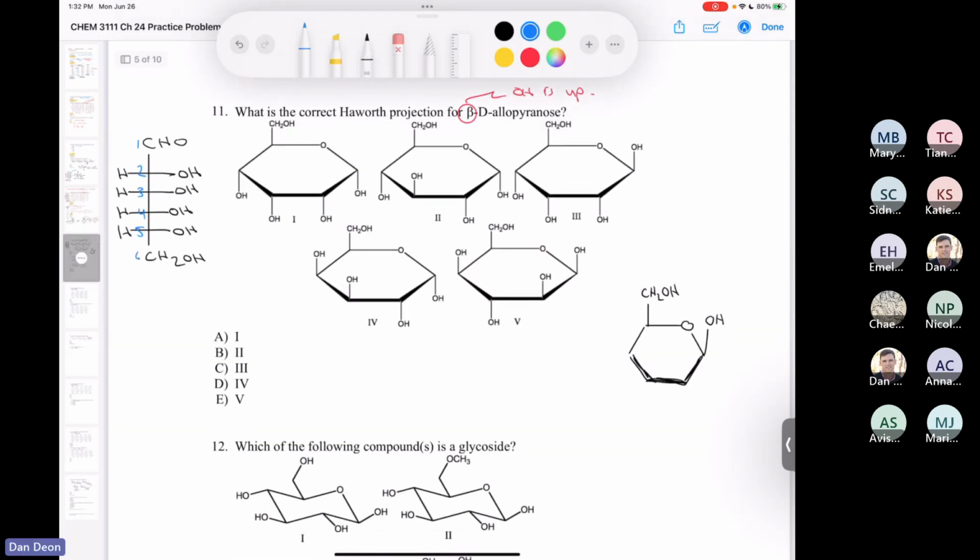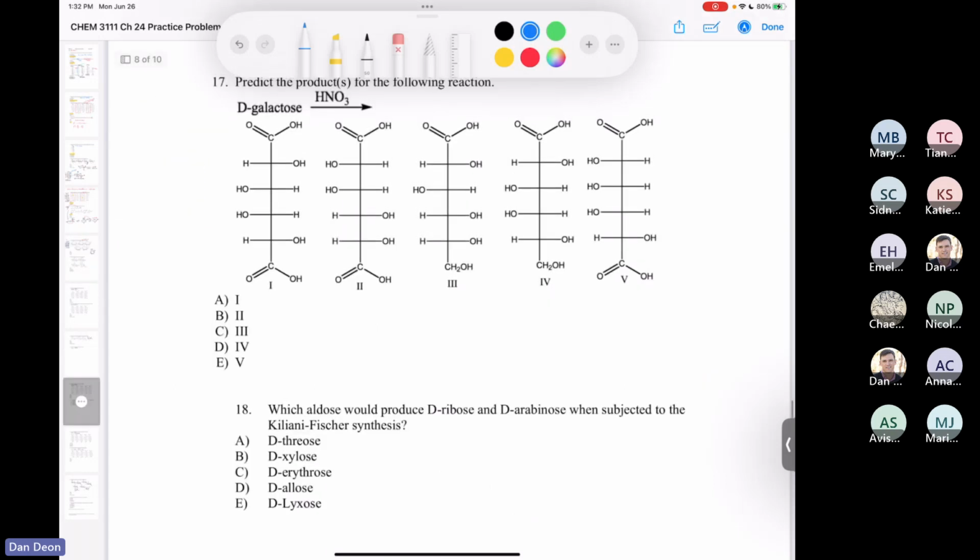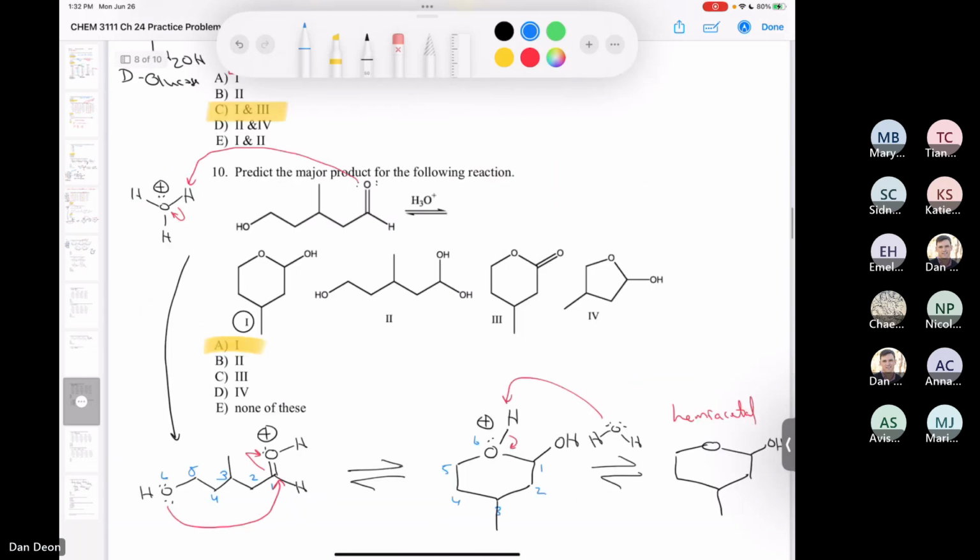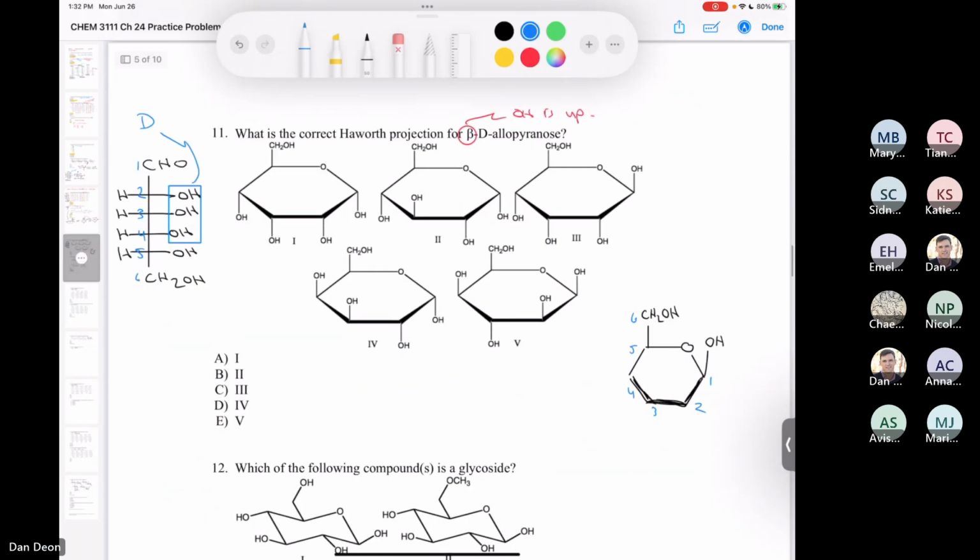This is 1, 2, 3, 4, 5, 6. All right. Everything that's pointing down, so on carbon 2, 3, and 4, these hydroxyls are all on the right-hand side, and so these are all pointing down. Okay.